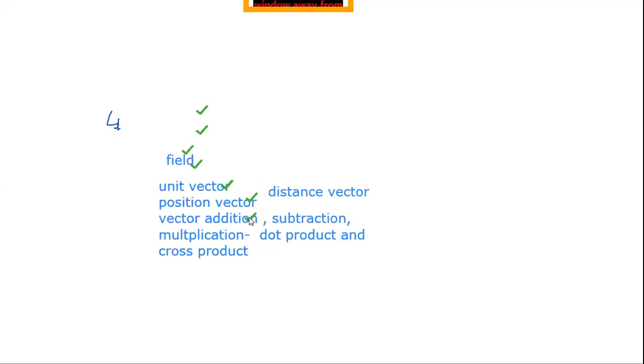Okay, next one is the vector addition. Vector addition and subtraction is just like an algebraic sum of the vectors.